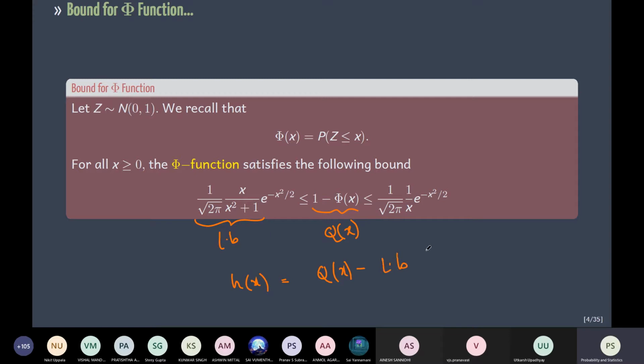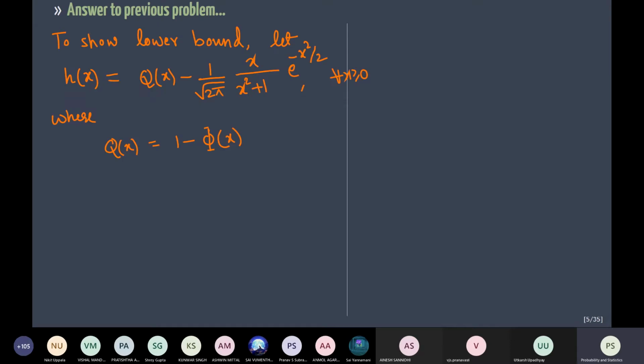And if I can prove that this is greater than or equal to 0, and this is anyway defined for all x greater than or equal to 0, that would suffice. So now the question is this h(x) as a function of x greater than or equal to 0. That's where our focus is now. So can we prove that this is greater than or equal to 0?